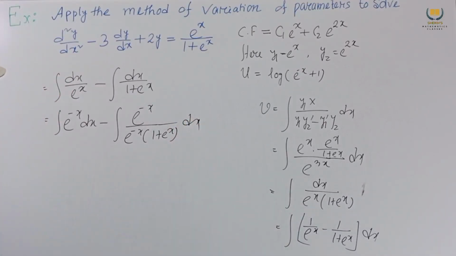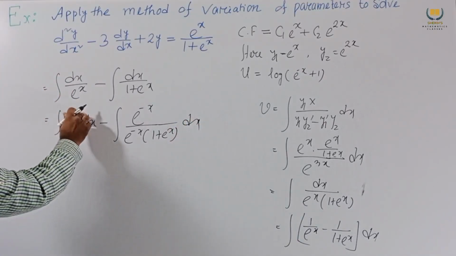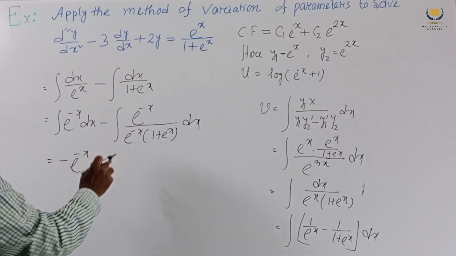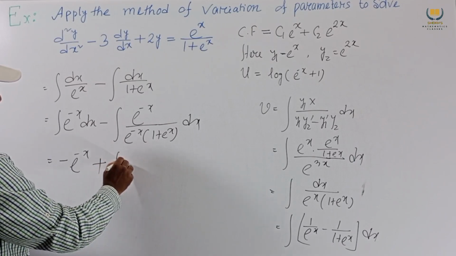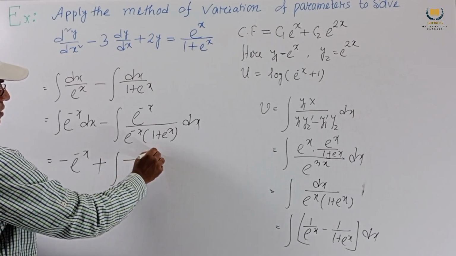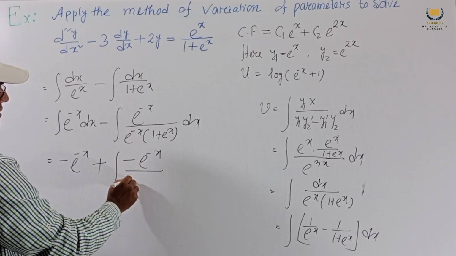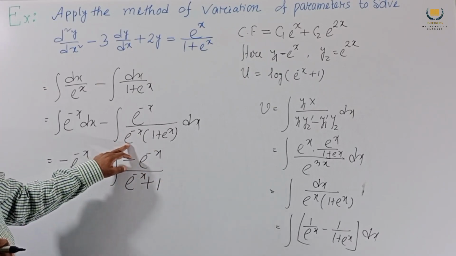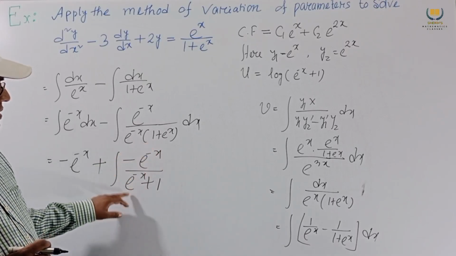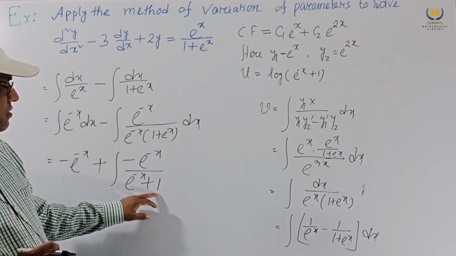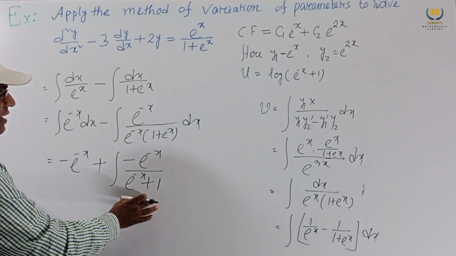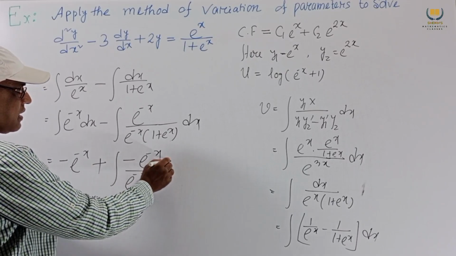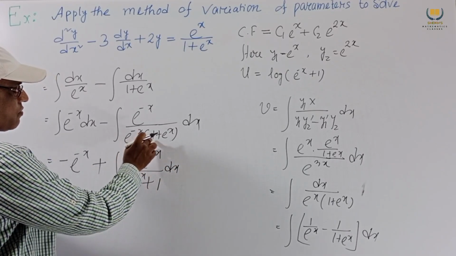Now, integration of e to the power minus x means minus e to the power minus x, and this minus taken inside the bracket, inside integration e to the power minus x by e to the power minus x plus 1. E to the power minus x into 1 is e to the power minus x, e to the power minus x into e to the power x is e to the power 0, this is 1. So, again we get the differentiation of the denominator given in the numerator. If we differentiate this, then we get minus e to the power minus x.